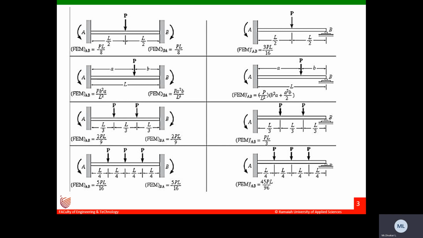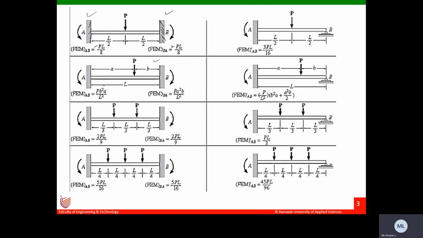For a fixed beam with a point load exactly at the center, the fixed end moments will be minus WL by 8 for MF of AB, and plus WL by 8 for MF of BA.